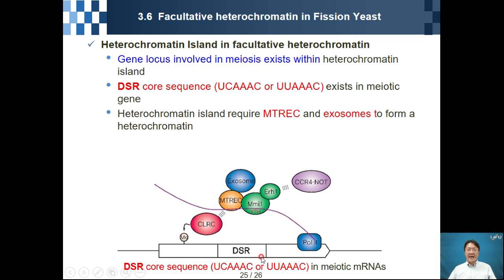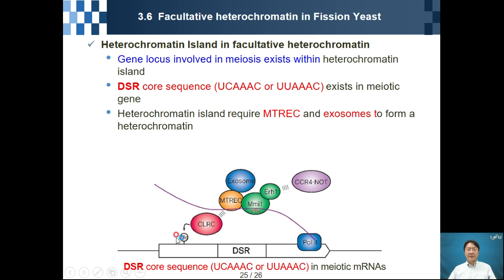They have the DSR core sequence, for example, UCAAAC or UUAAAC. So usually in the Heterochromatin Islands, the DSR core sequence exists. For example, meiotic genes also have this DSR core sequence.